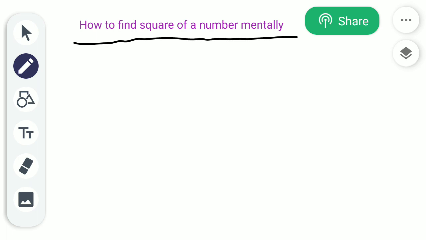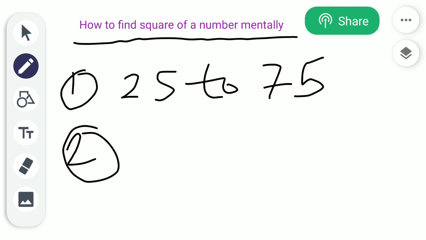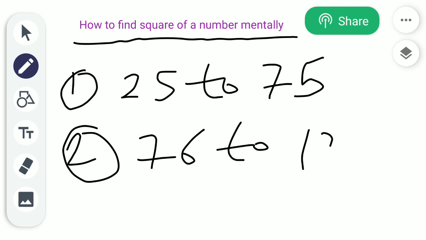We are going to divide this video into two parts. First, we will calculate squares of numbers from 25 to 75, which has a different technique, and the numbers between 76 and 125 have another technique.